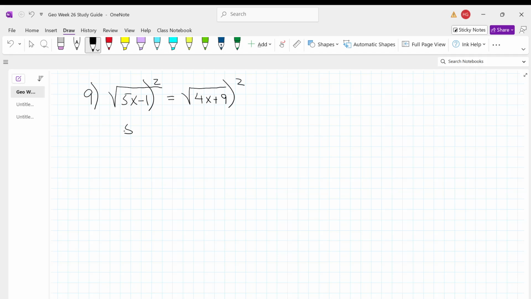What you're left with is 5x minus 1 equals 4x plus 9. You can subtract 4x from each side and add 1 to each side. So we get x is equal to 10.